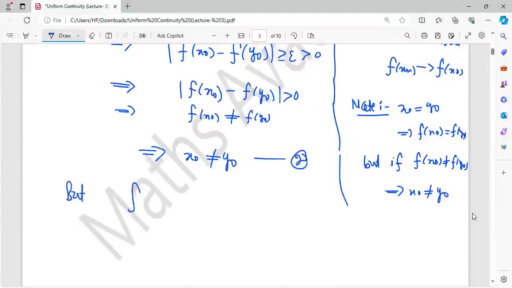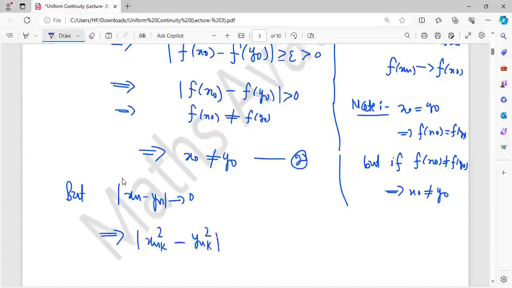Okay. But we have this one. We know that the original sequence xn minus yn tends to 0. So what does it mean? x_{n_k}, this is a subsequence of xn. y_{n_k}, this is also a subsequence of yn.